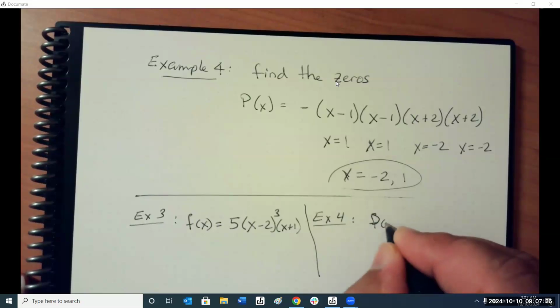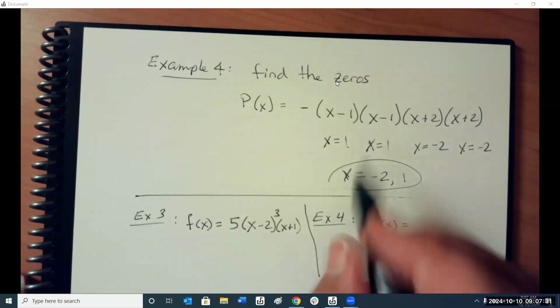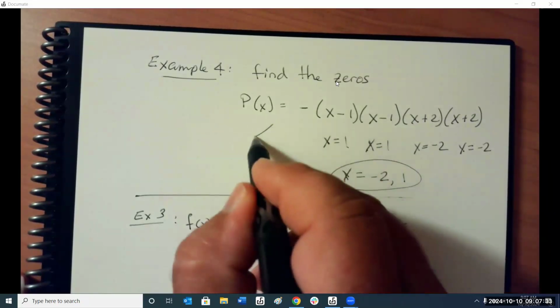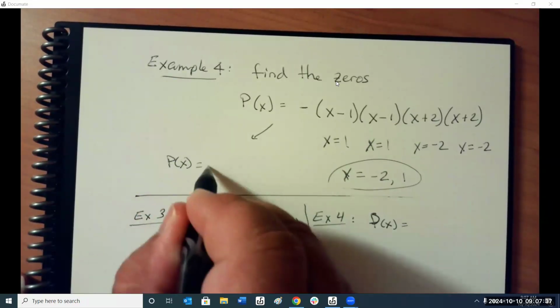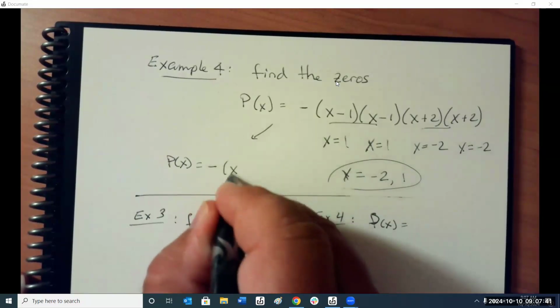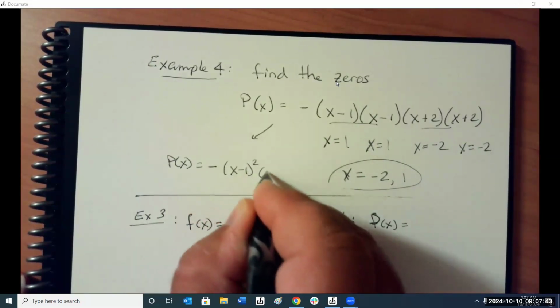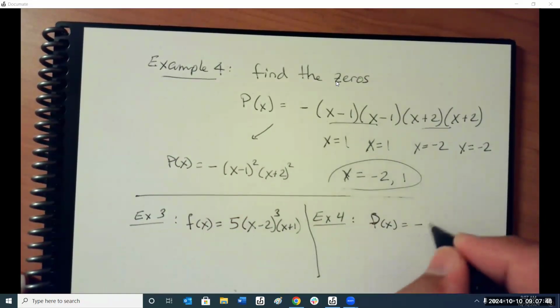In example 4, we could have rewritten this one. Since we have two of the same, we could have done (x minus 1) squared, (x plus 2) squared, and negative out in front.